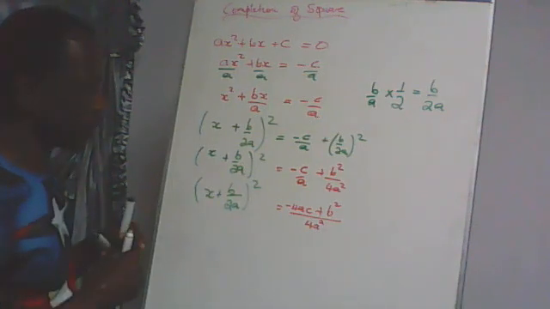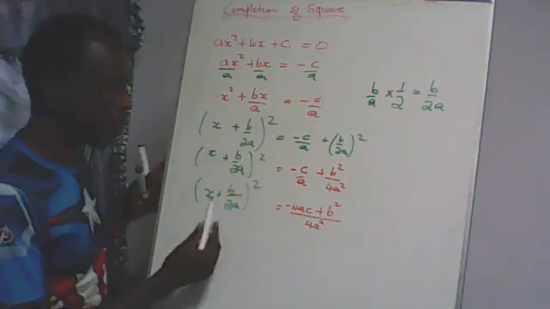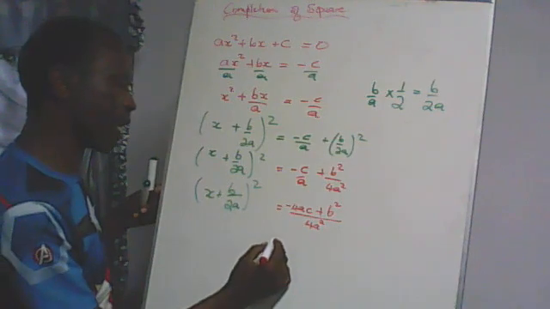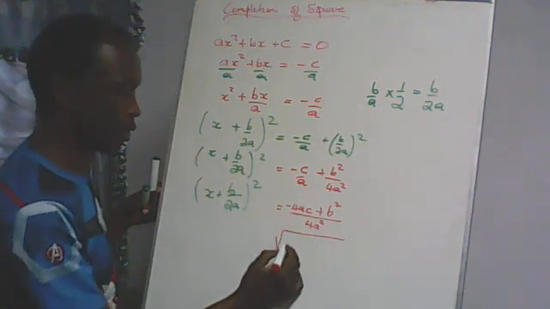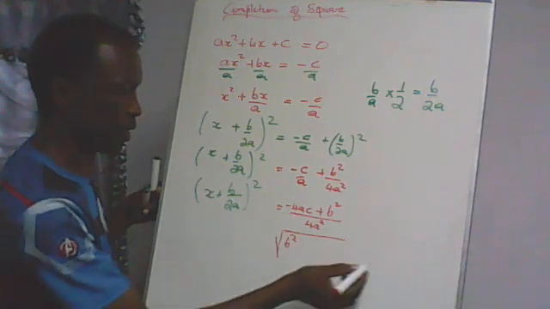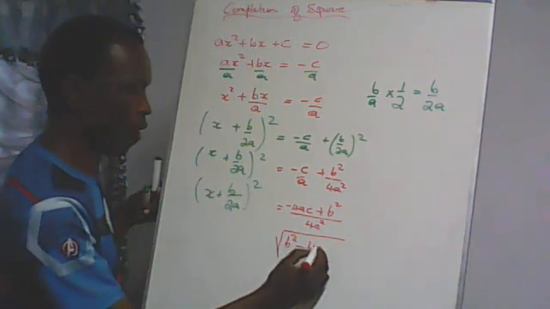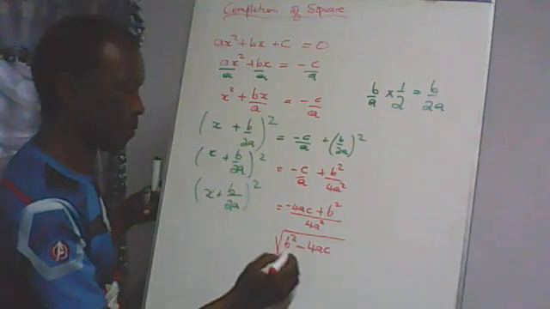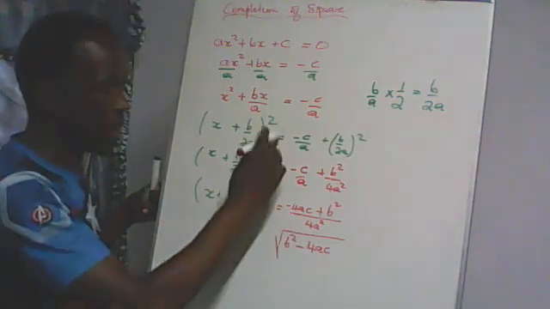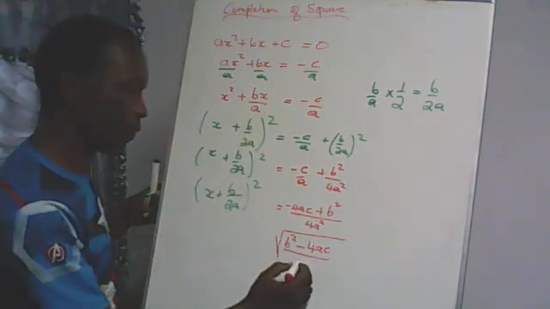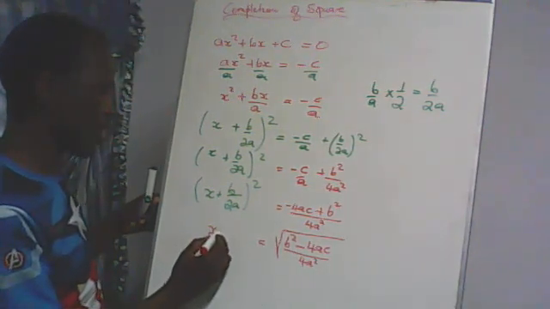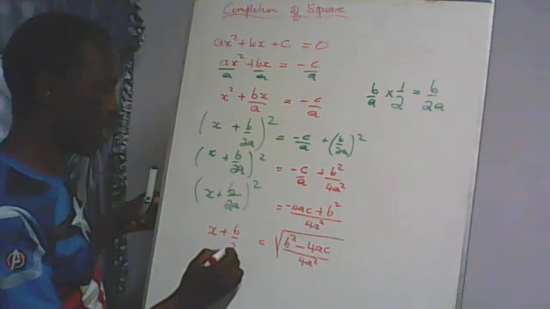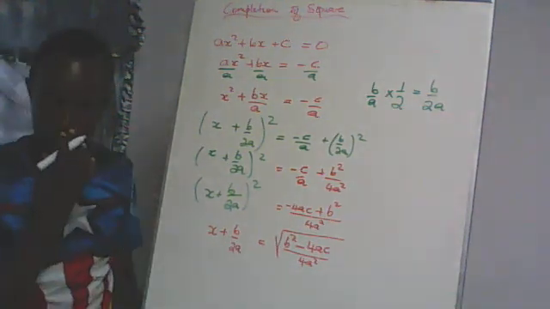Now how do we do that? You find the square root of both sides. This becomes b squared, it's positive. This goes to the other side: b squared minus 4ac, all over 4a squared, and this is equal to x plus b over 2a.